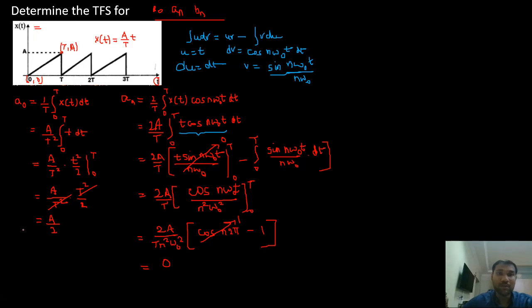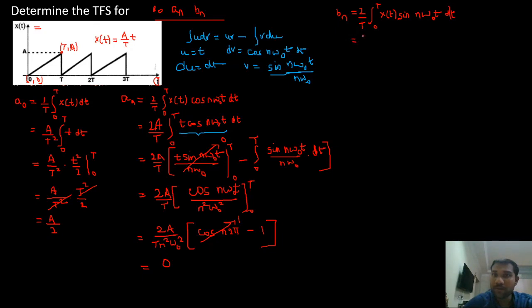Now let me find out the last one, that is bn. For bn also the formula is 2 by T, integral from 0 to T of x of t into sine n omega naught t dt.